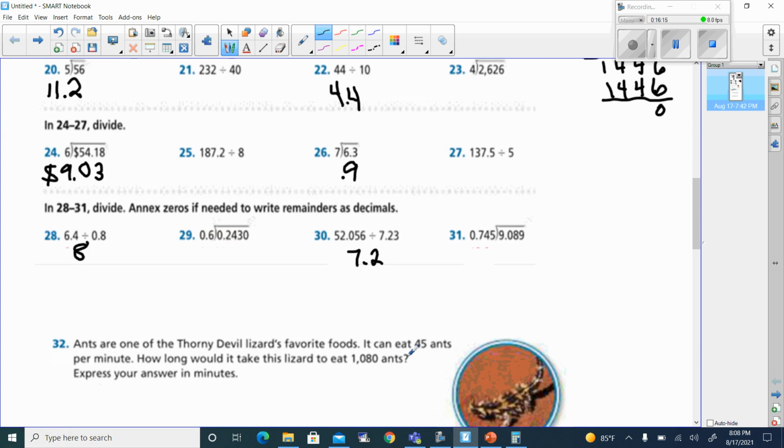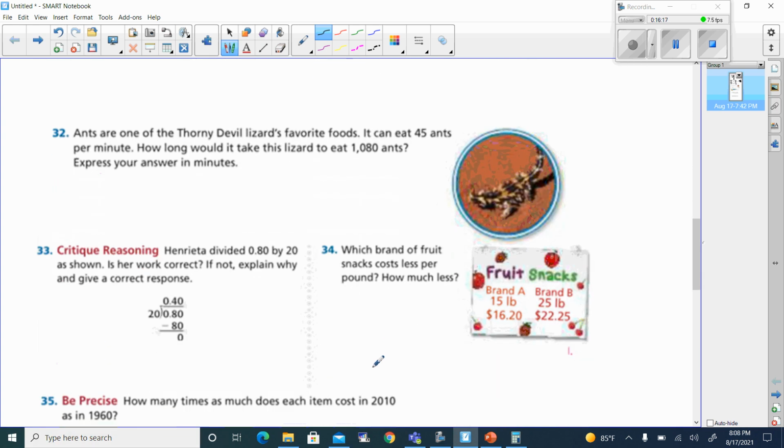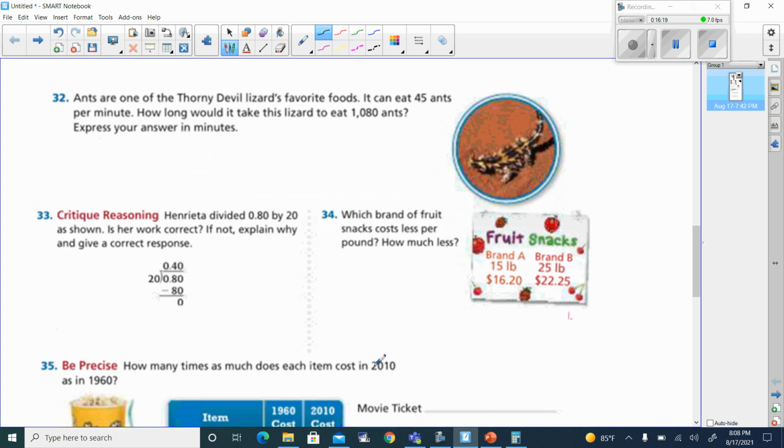Okay? We're on number 32 now. Ants are one of the thorny devil lizard's favorite food. Okay? It can eat 45 ants per minute. Oh my. How long would it take this lizard to eat 1,080 ants? Wow.